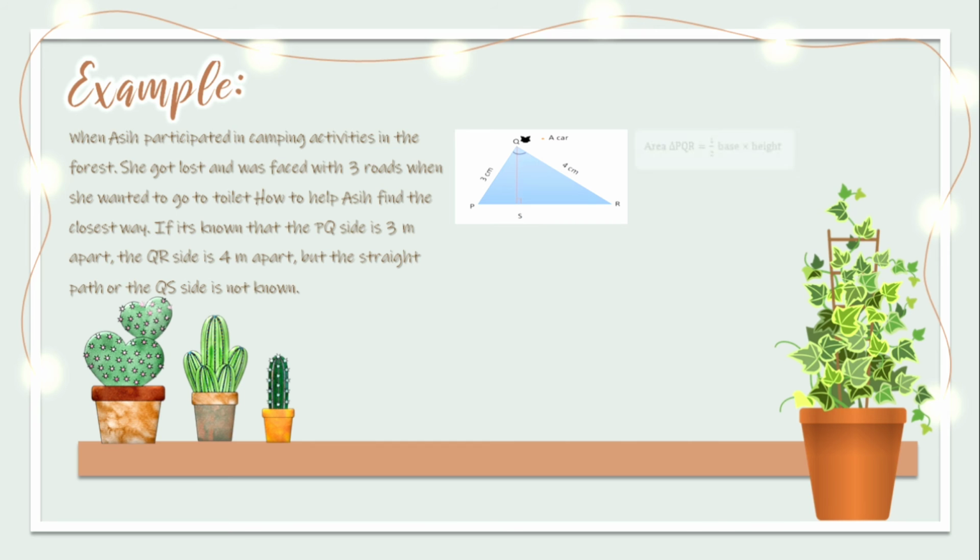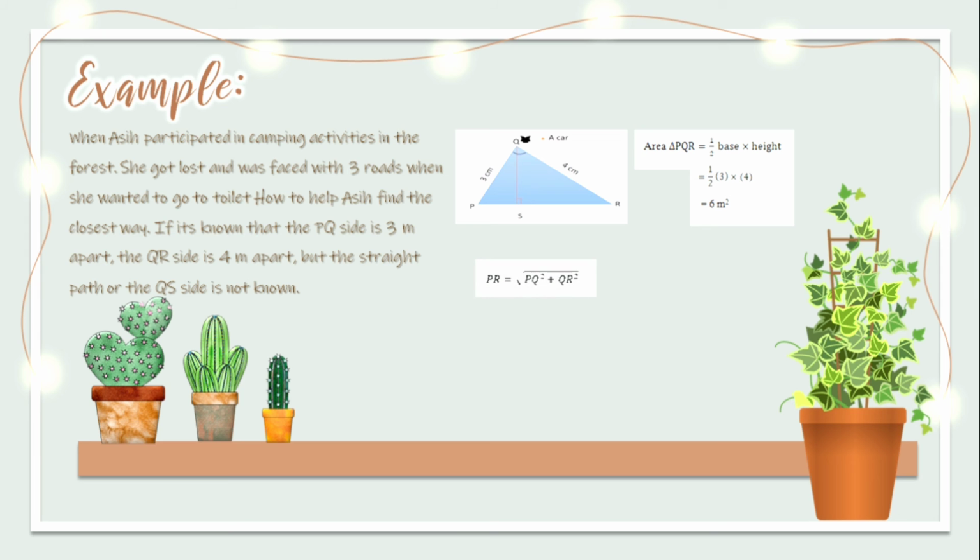First, we determine the area of triangle PQR with the formula. Area of triangle PQR equals a half times base times height. We enter the base and the height, so it equals a half times 3 times 4. Then the result is equal to 6 meters squared.